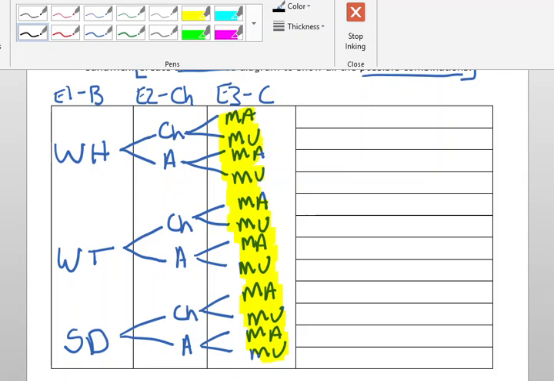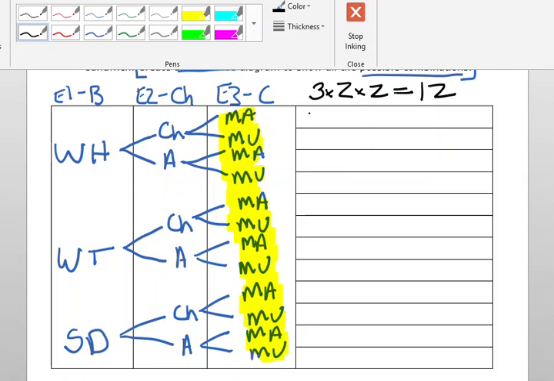And for event 1, I had 3 possible outcomes. For event 2, I had 2 possible outcomes. For event 3, I had 2 possible outcomes. So with my rule, this should equal 12. 3 times 2 is 6, and 6 times 2 is 12. Great. So we're in a good place.